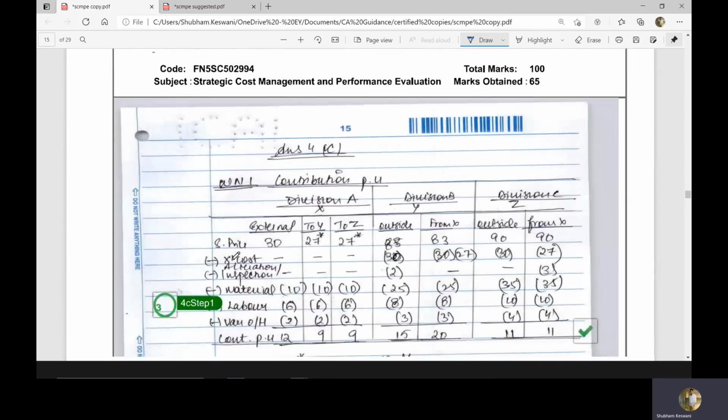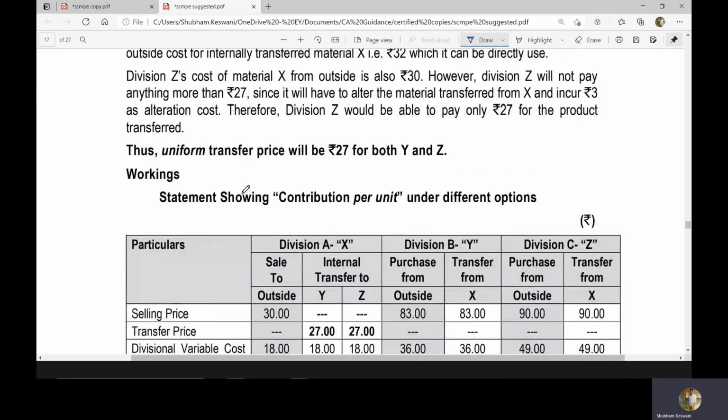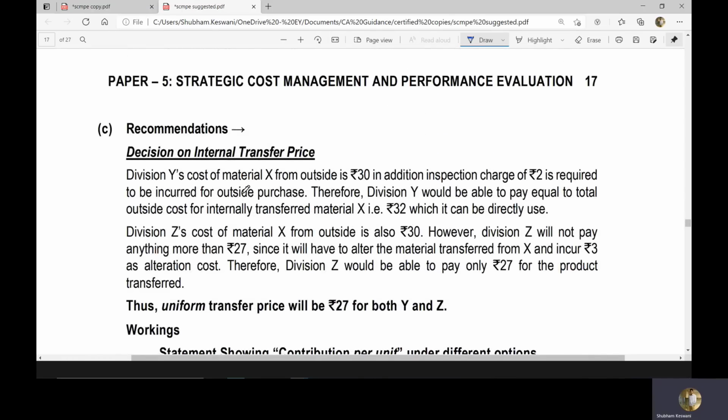Now talking about the next question, which is 4C. This was something where ICAI actually tested whether you could make an analysis and reframe your approach when something new is given on a platter to you. There was a similar question in the study material, in the test your knowledge part. In that question also there were 3 divisions, wherein division A was supplying to B and C, and you have to devise a strategy for the overall company so that it is beneficial for the whole company.